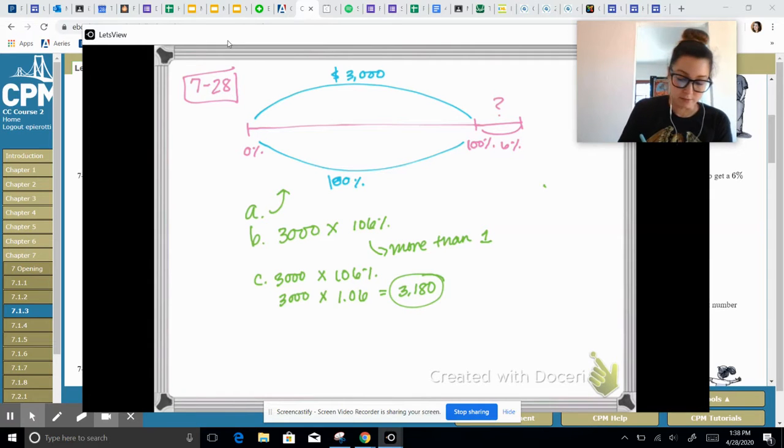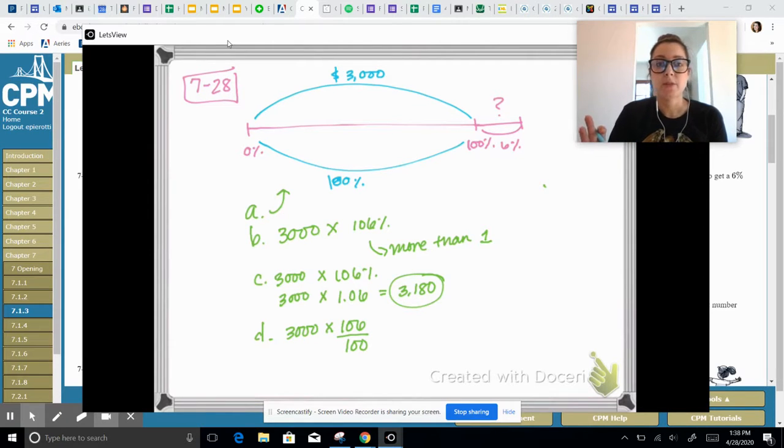Okay, so you can also write this as a fraction. And I know that it seems weird to be multiplying it by something over 100, but remember that if we're multiplying it by 100%, it's the same kind of idea as multiplying it by 1, because we're not changing its value.